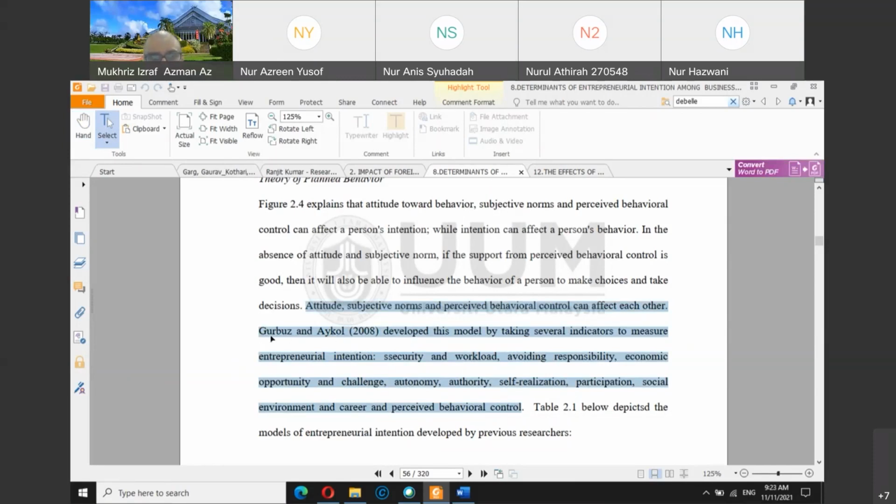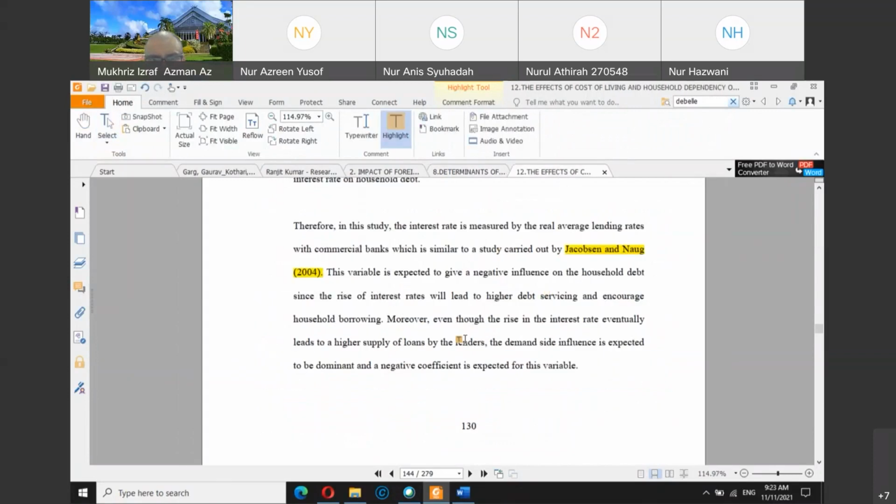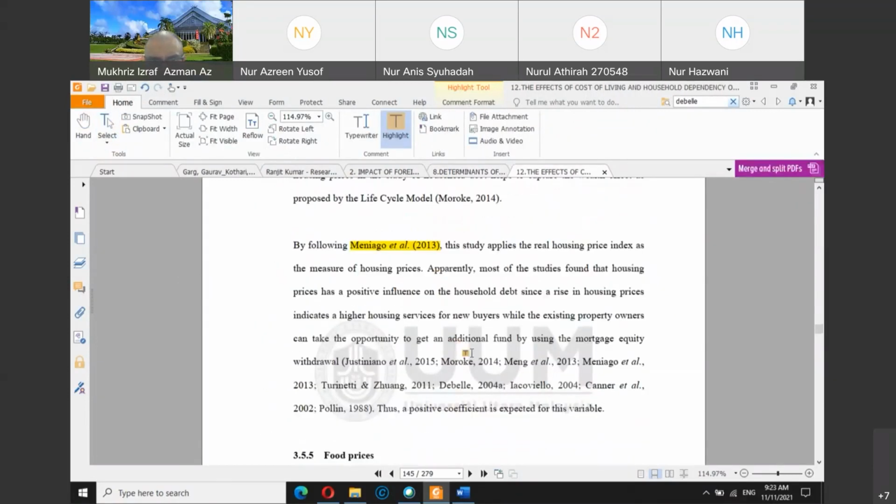If you want to move this person's name towards the end, meaning that, okay, you are writing, if you want to put Guru Bose and Ecole dekat ujung, meaning that comma, Guru Bose and Ecole, comma 2008 close bracket. Something like this lah. You are putting it towards the end of the sentence.